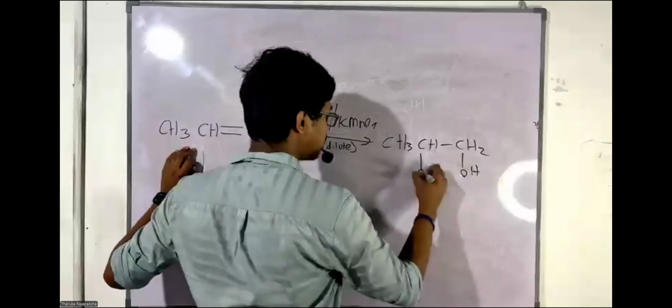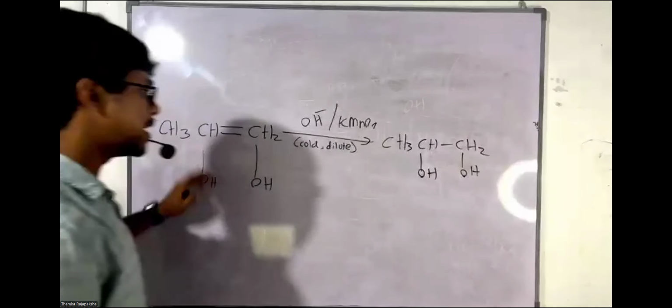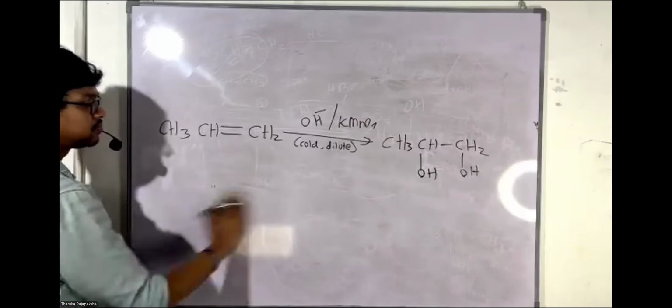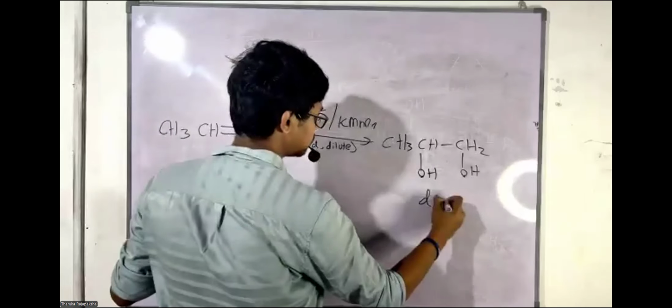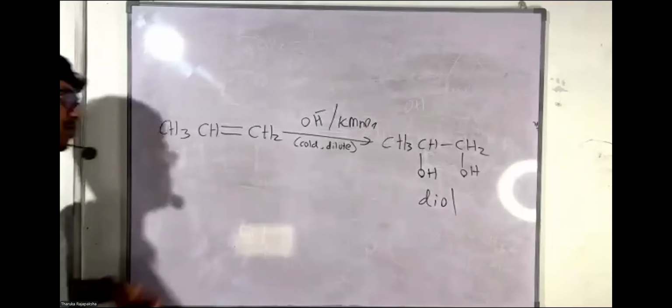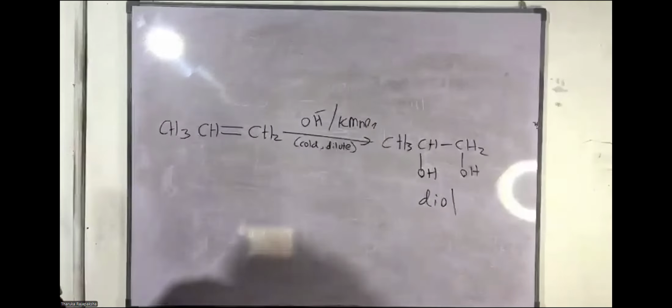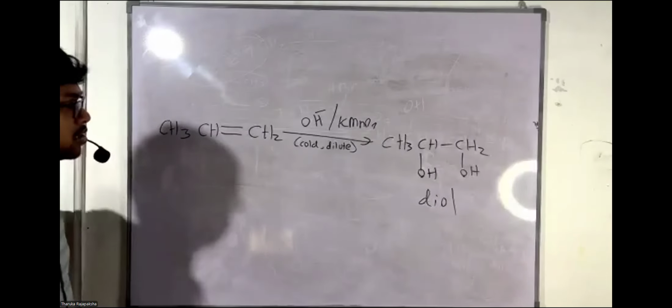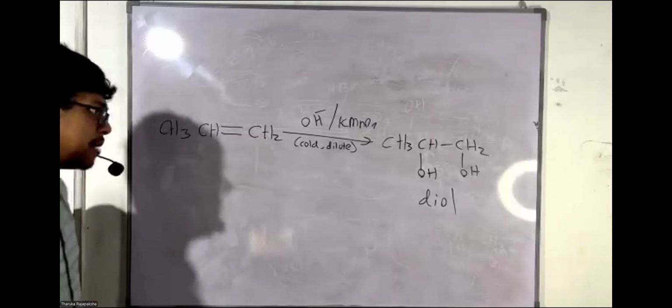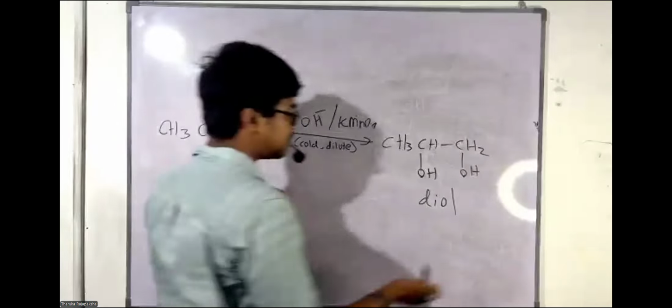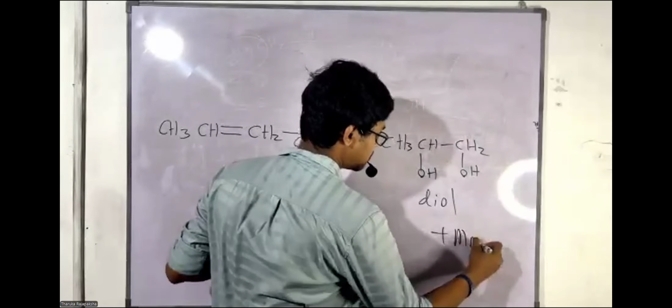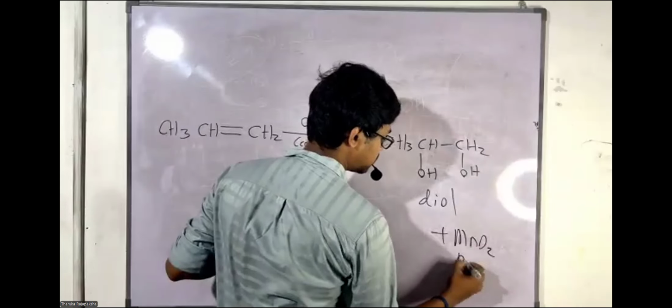CH2OH and CHOH. So you call this a diol. You will get a MnO2 precipitate in the basic medium. MnO2 is a brown precipitate.